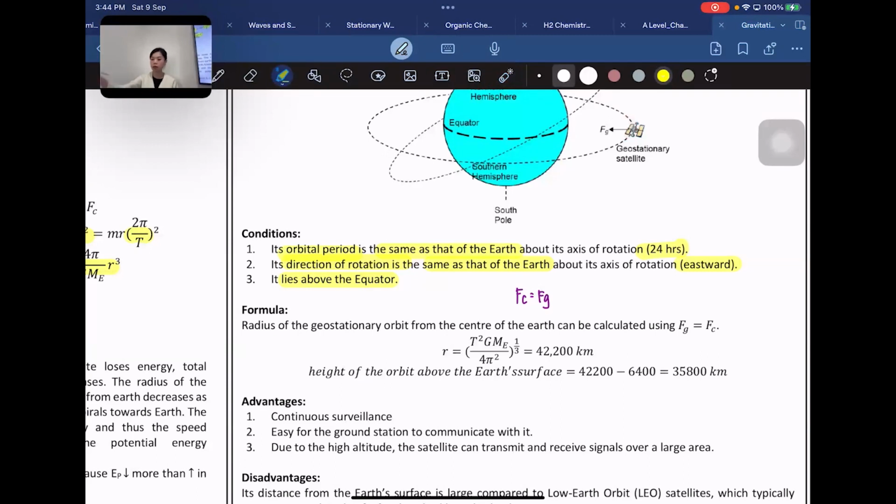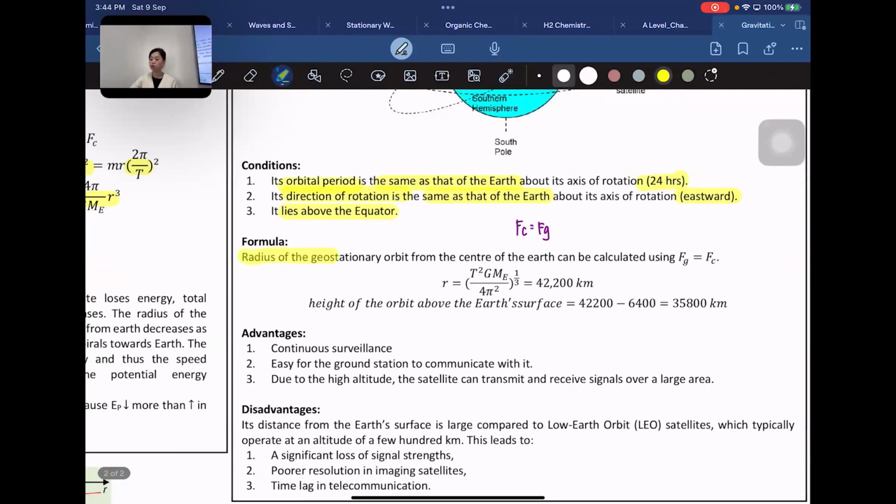And plugging in the mass of the Earth, the mass of the satellite and whatnot, a rough estimate of where your geostationary orbit is about 42.2 kilometers away from the surface of the Earth. I mean from the center of the Earth, understand? So it's this particular orbit radius around the Earth that launches this satellite. Clear? If I want to find the period, I can do so also. Just use this formula to do so.